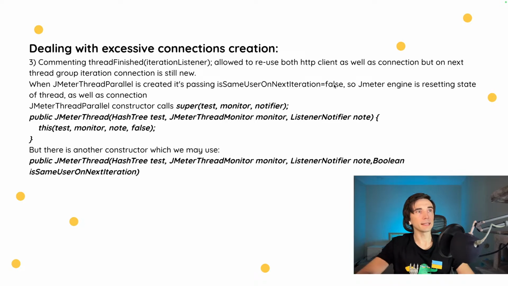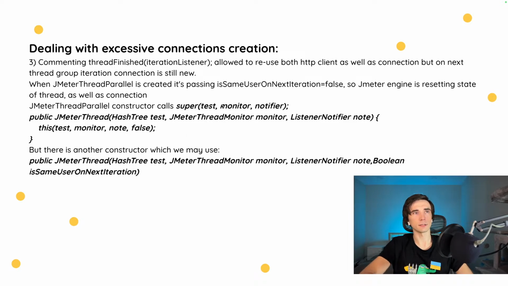So it is calling this super task monitor and notifier, the super class constructor. So it is the default implementation, this one. So instead of having false, doing this one, we need to use... honestly, it is not.